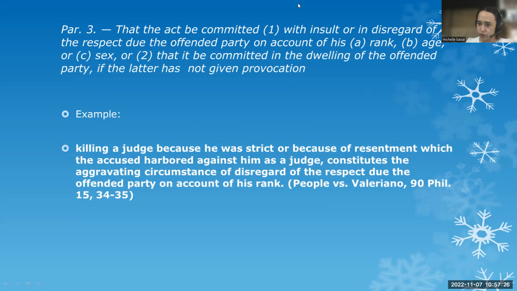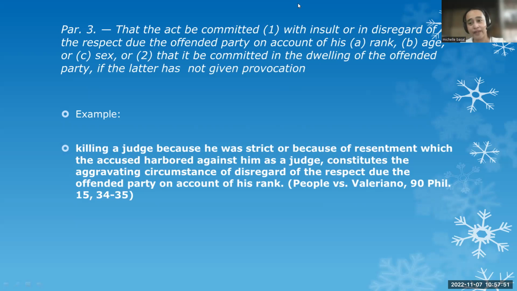So he should always be treated with utmost respect, even in his private life. So here the killing of the judge can actually have one aggravating circumstance, with insult or disregard of the respect due to the offended party on account of his rank.